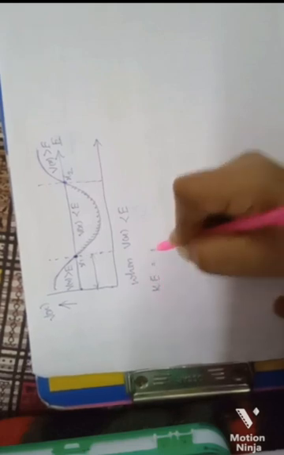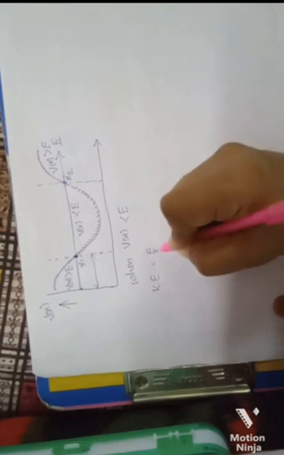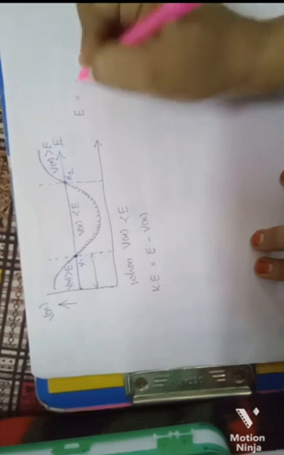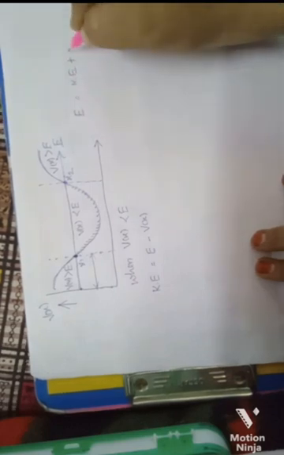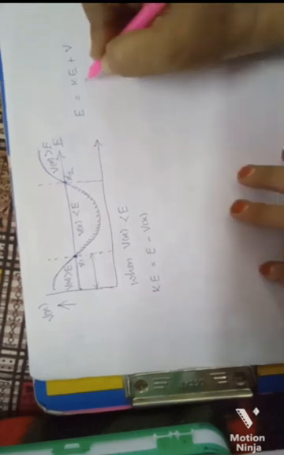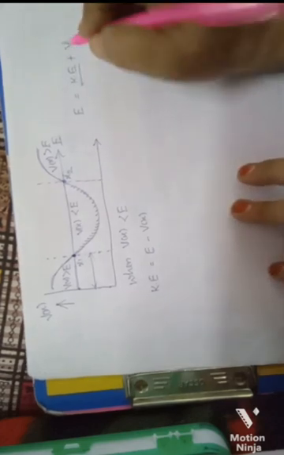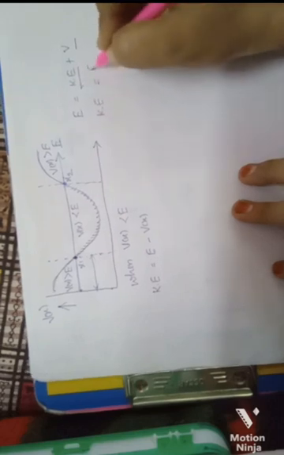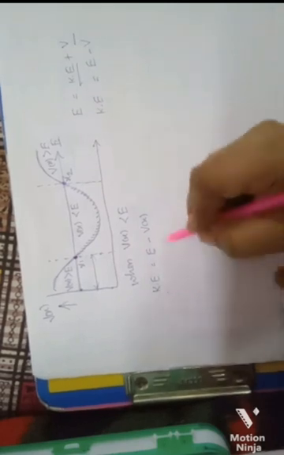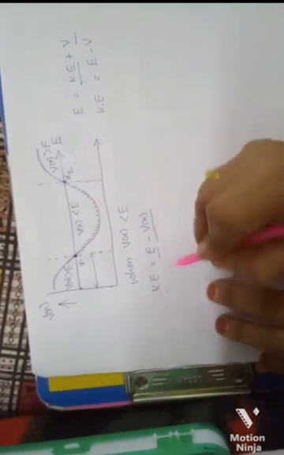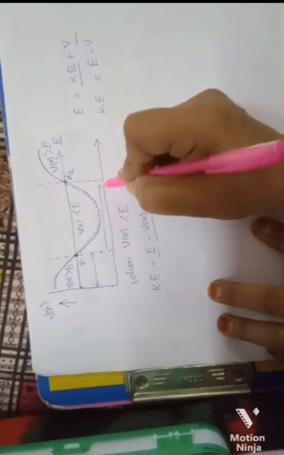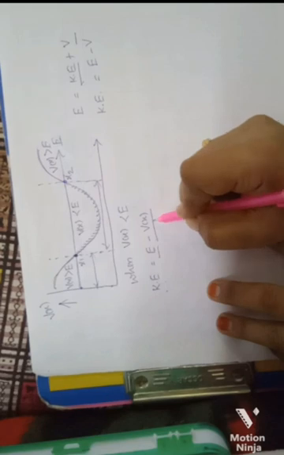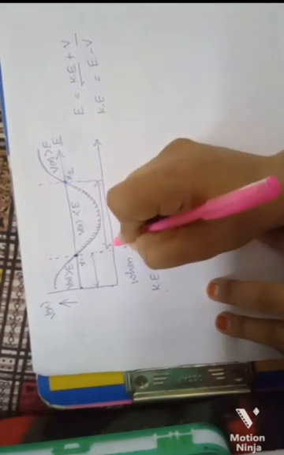Total energy E is equal to kinetic energy plus potential energy, so kinetic energy is equal to E minus V. The region where kinetic energy is equal to E minus V is called the classically allowed region.